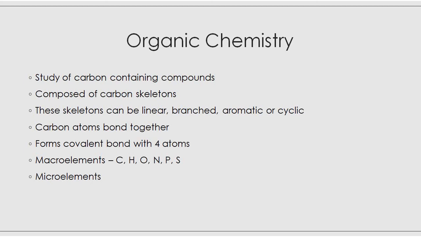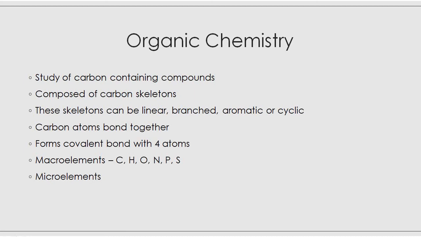The compounds which contain carbon are linked together to form a skeleton. If you see the structure, how it is written, you can see the backbone is made up of carbon, to which the other atoms are bound.